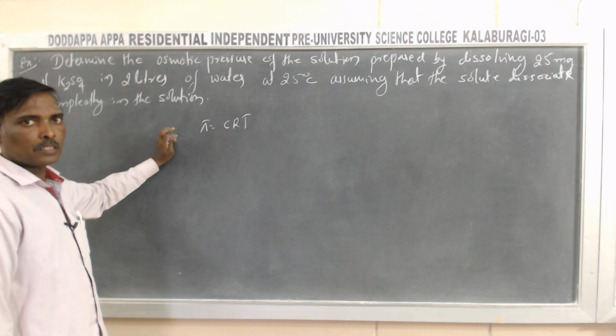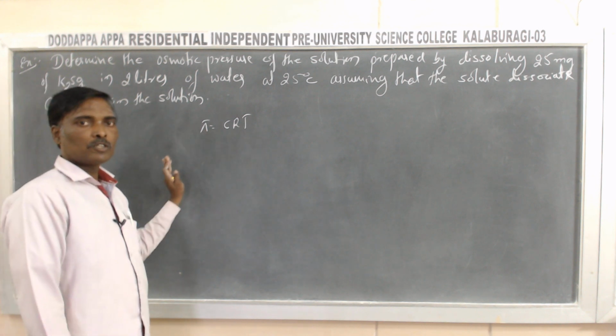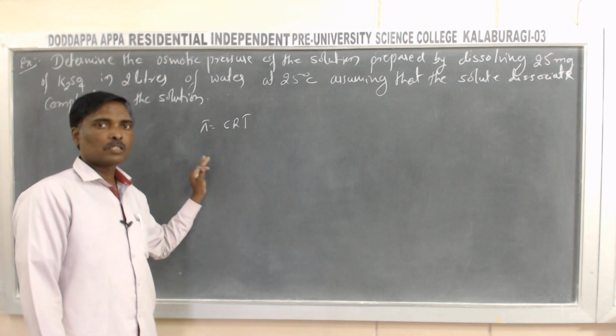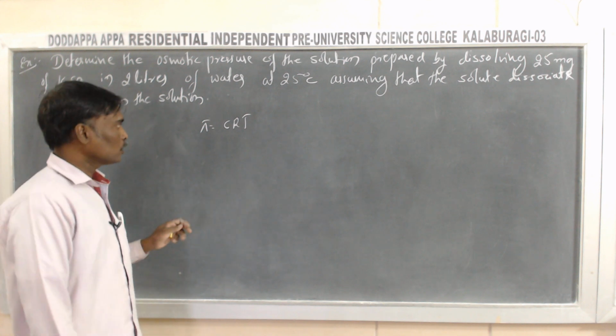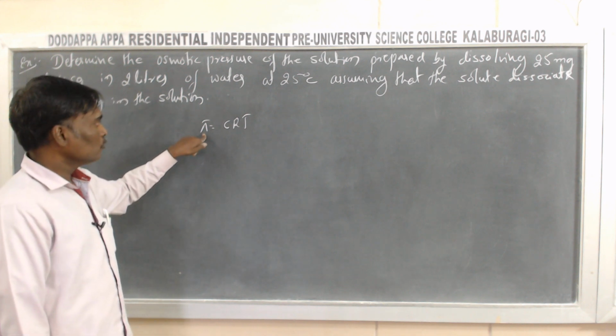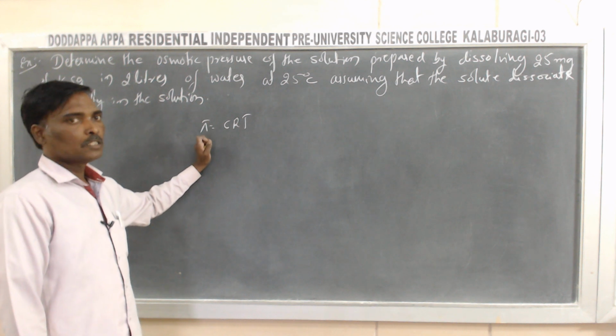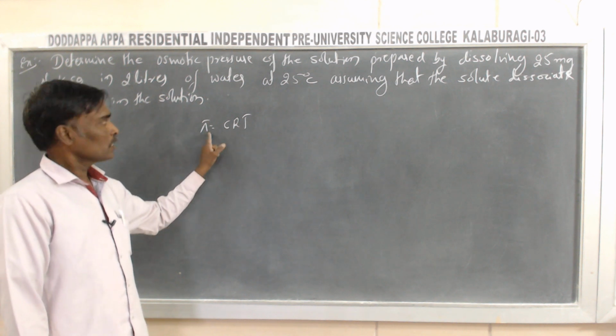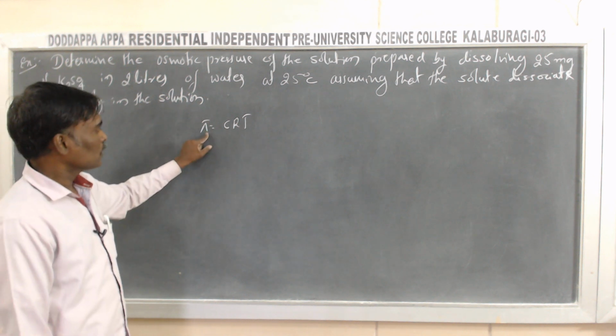Osmotic pressure is a colligative property and it depends on the number of particles present in the solution. Therefore, the pi value we calculate without the Van't Hoff factor will not be correct, so we get an error.